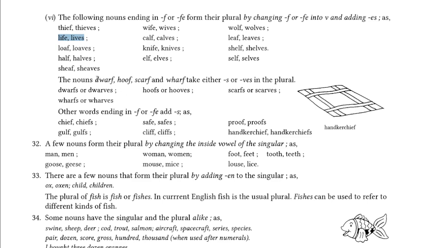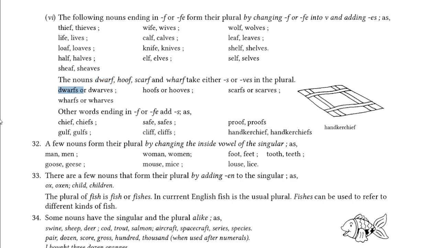Now, there are some other nouns which end in F in the singular form. For example, dwarf. It ends in F. There are two ways of forming its plural. One is by adding S, and the second is by replacing F with V and then adding ES. For example, dwarfs.